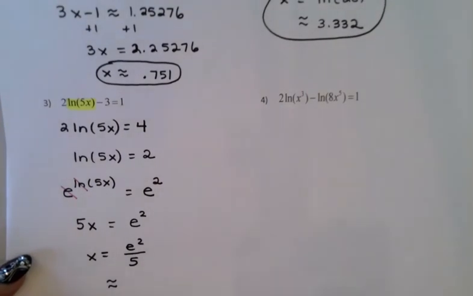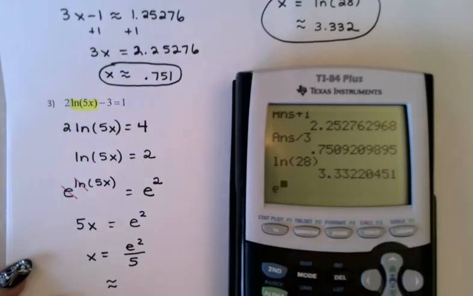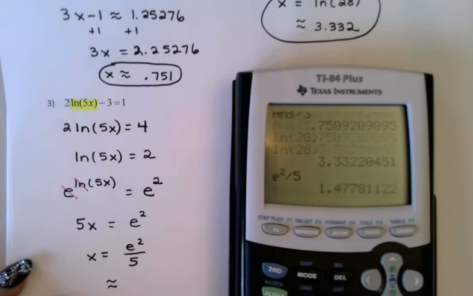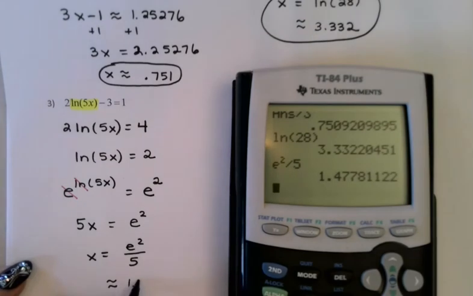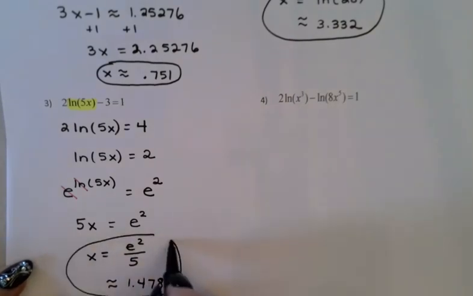I can get a decimal approximation for that. Let's see, e squared divided by 5 is about 1.478. So there's exact and approximate.